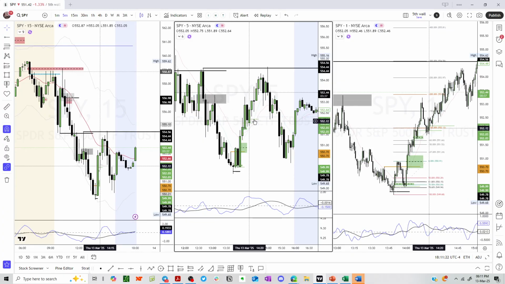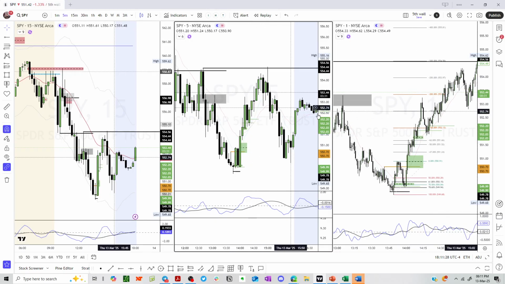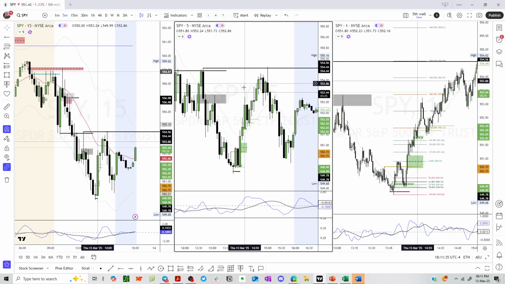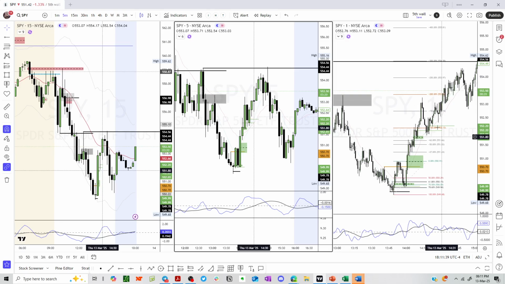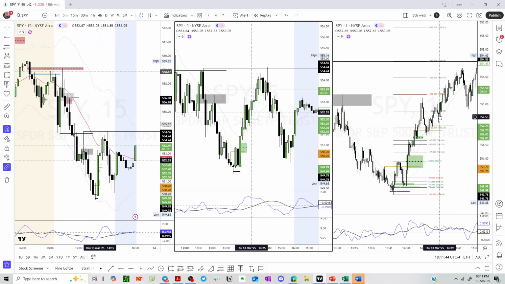So this is like 5 minutes, you probably would have missed all this. I don't know. This is not to base your trades off of. Price action is, right? This is confluence. This is reasons to buy into the trade, to have a visual representation of what price action is doing.